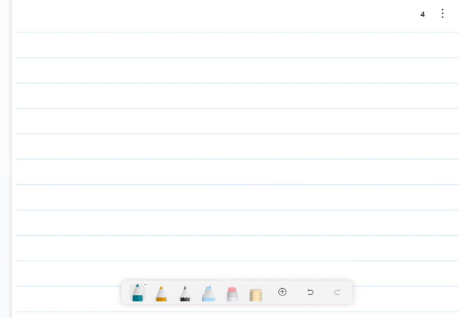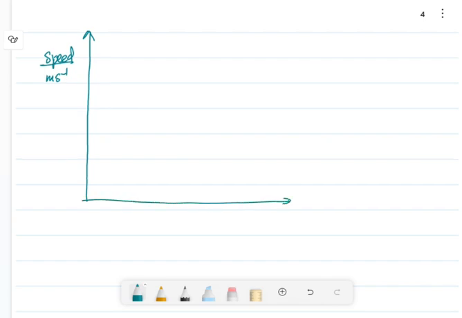Okay, make sure now when a question comes, normally it's not as simple as that. Let me give you a more realistic example. Let's say I have a graph like this. This is speed in meters per second. Then horizontally I have time in seconds.